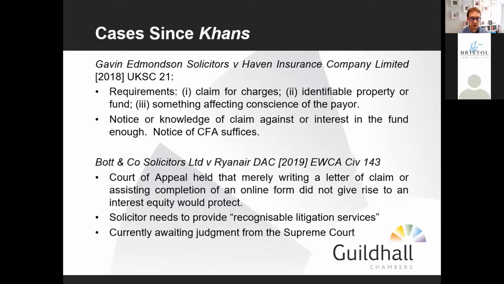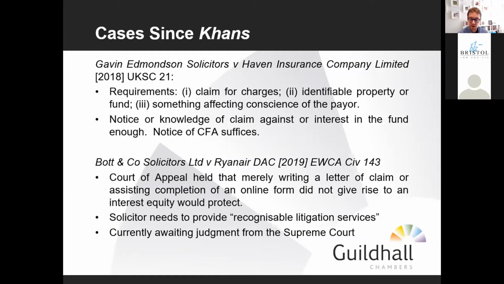That left Edmondson unpaid. Edmondson could have gone after the individual claimants, but what they did instead was to sue Haven, and they intimated various claims against Haven, one of which was a Khans Solicitors and Chifuntway equitable interference claim, saying that because Haven was on notice that Edmondson had a claim over any recoveries to secure payment, Haven should be ordered to pay for a second time, so Edmondson was able to levy its charges.